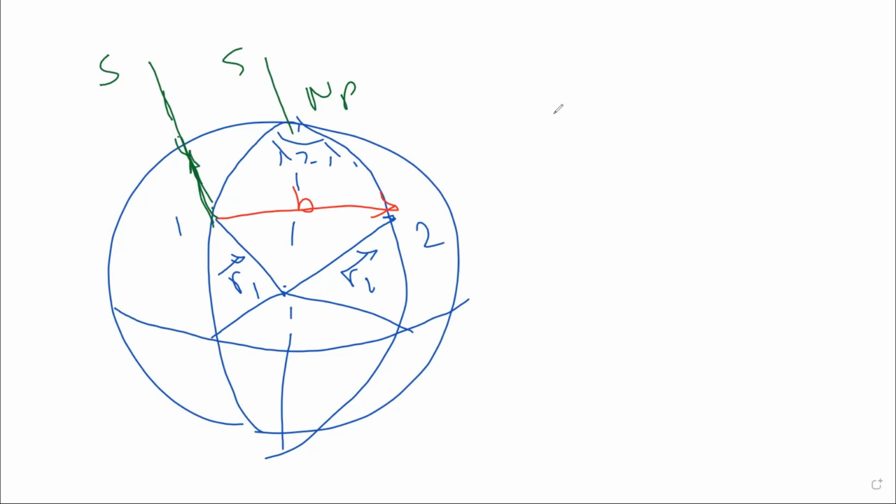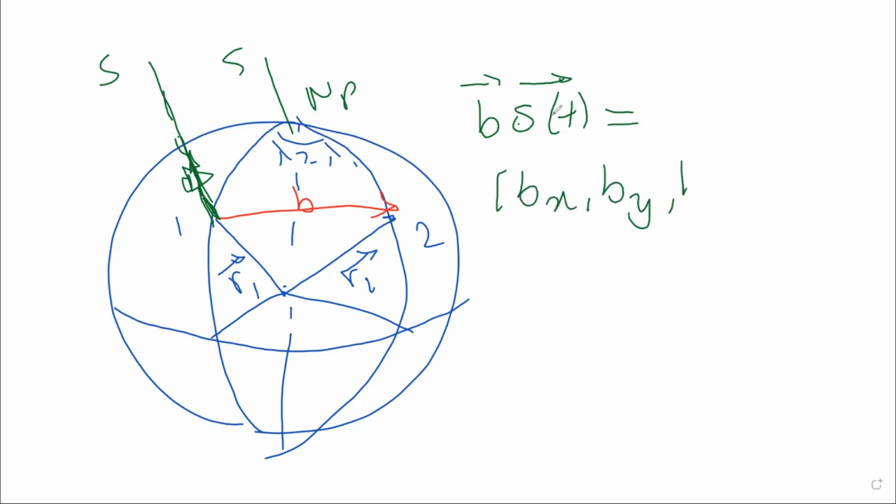So if we write this equation, the baseline, if we multiply the baseline by this coordinate, I can simply write this unit vector in the hour angle coordinate system, which is used in astronomy. I can write that this baseline vector multiplied by the ST vector is Bx, By, Bz.